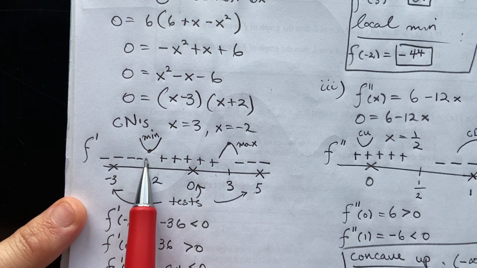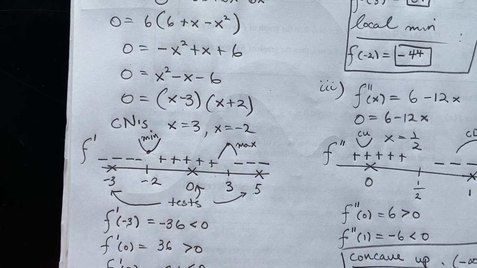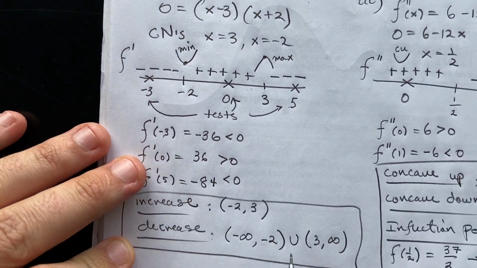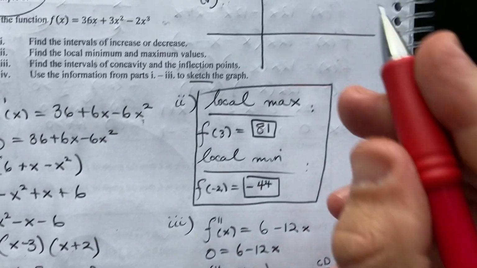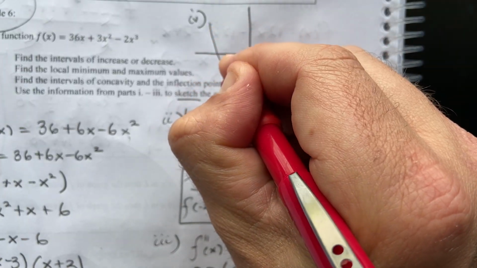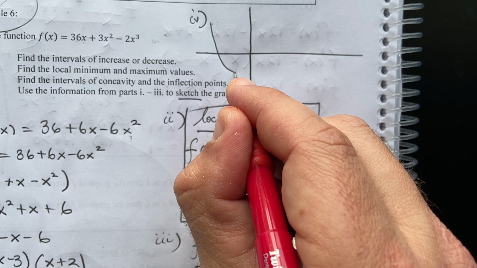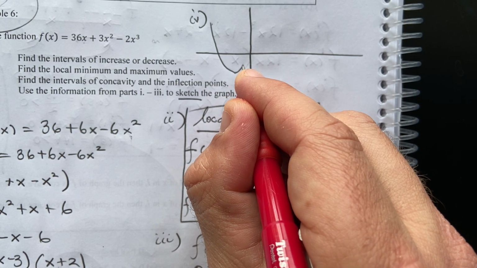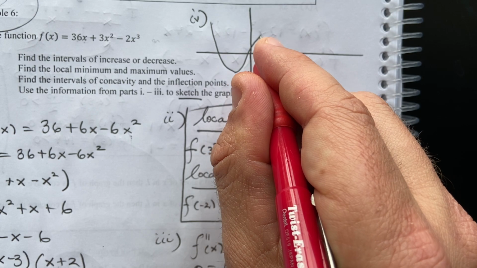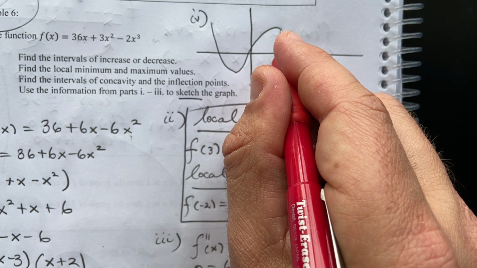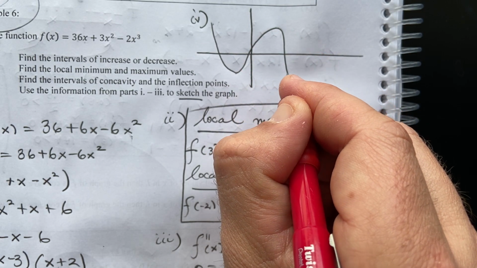So I'm looking here, there's a bunch of decrease from -infinity to -2. So I'll go like this. There's my decrease, here's -2. Then it increases. There's an inflection point, and then it has a max, and then it goes down again.